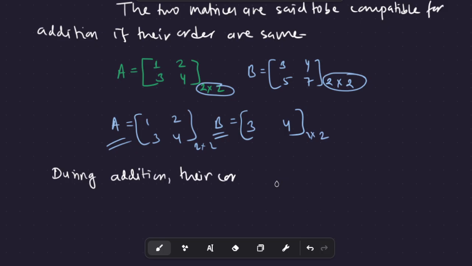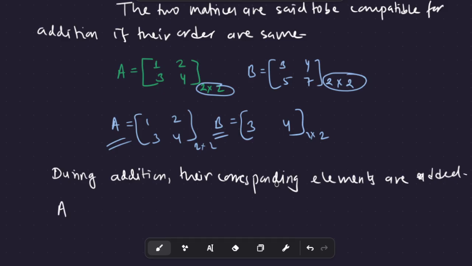During addition, their corresponding elements are added.